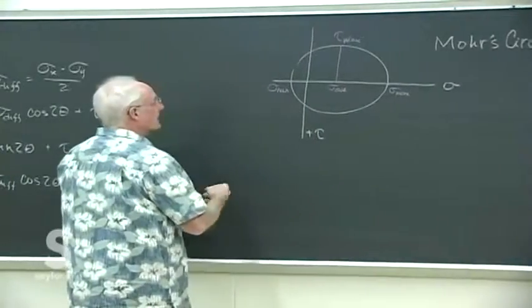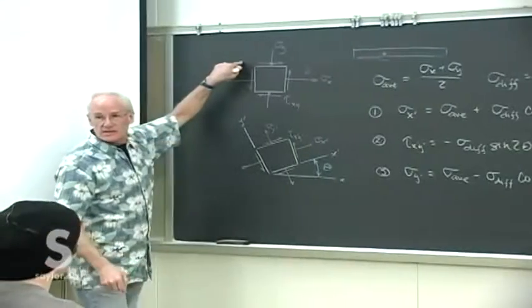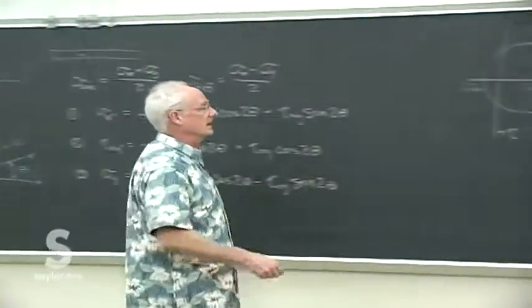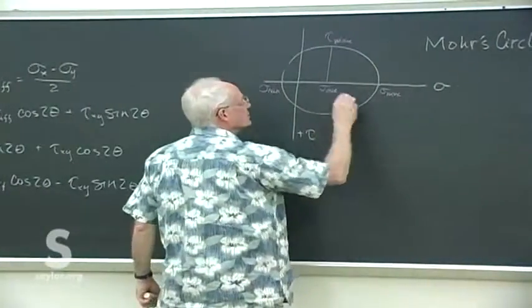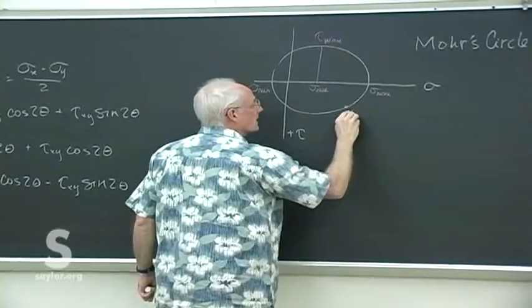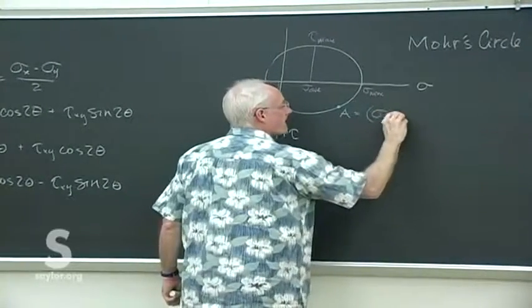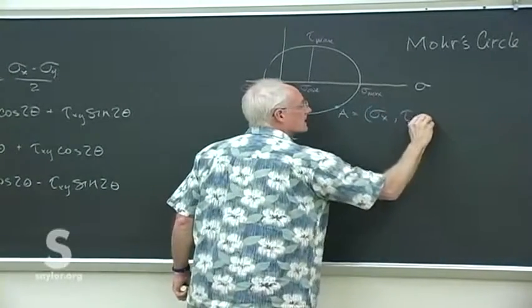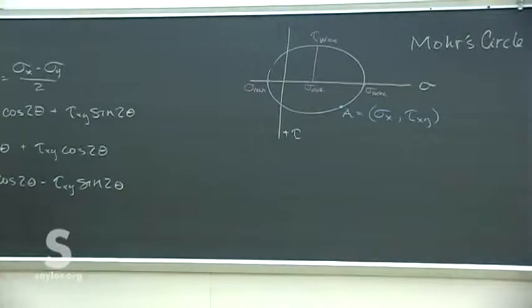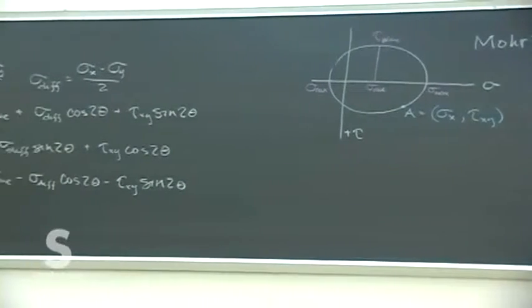We also found that these original stresses can be plotted right on here as points. When we do so, of course, those points fall right on the circle, as any points at any angle would.